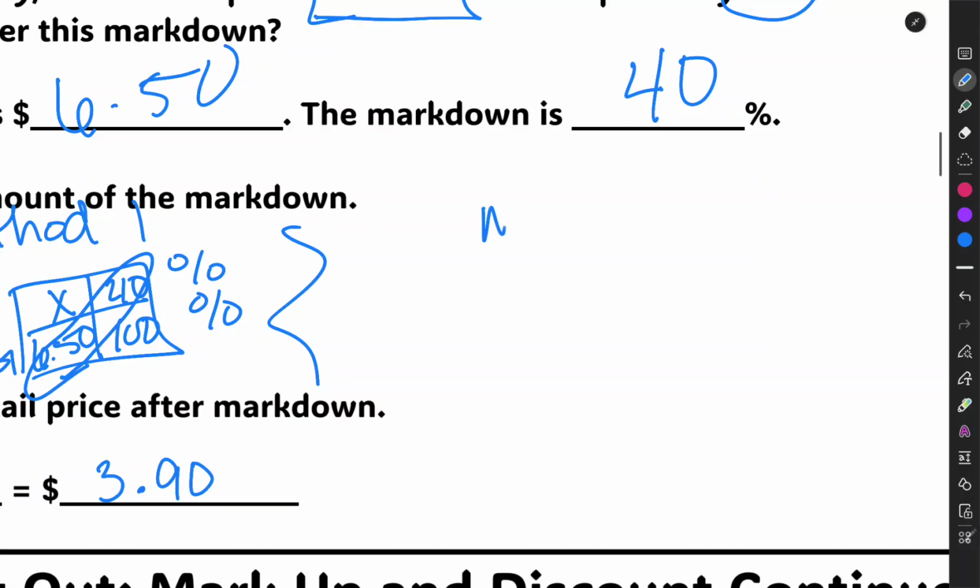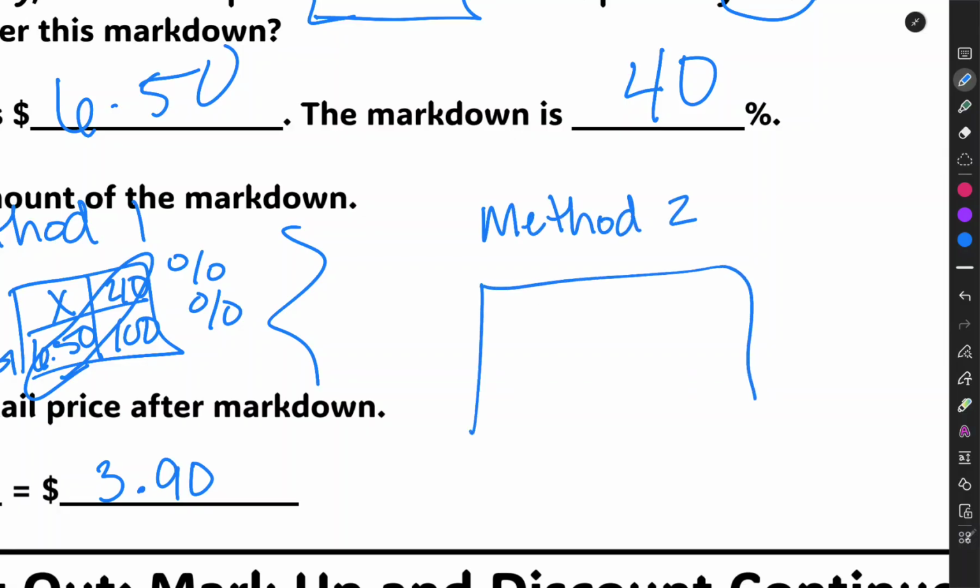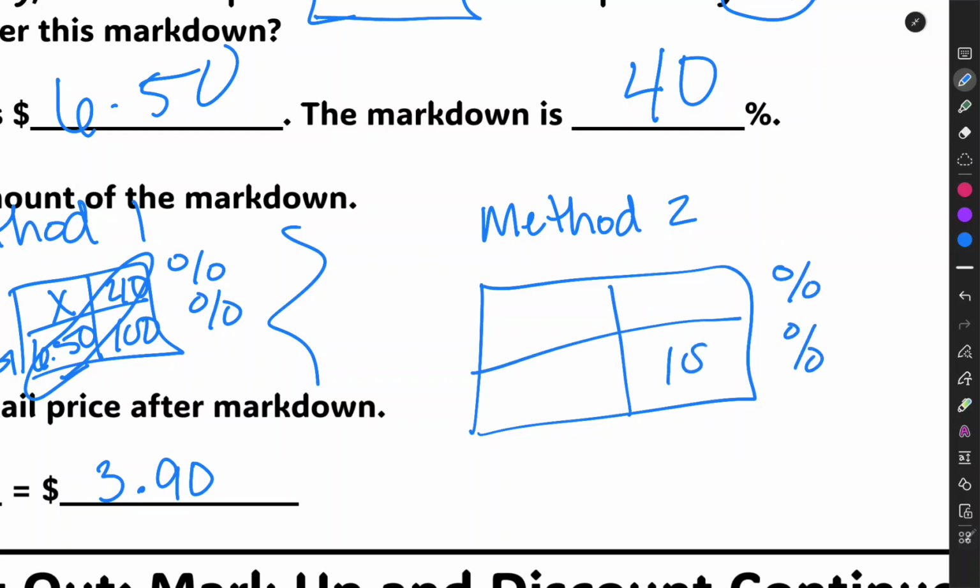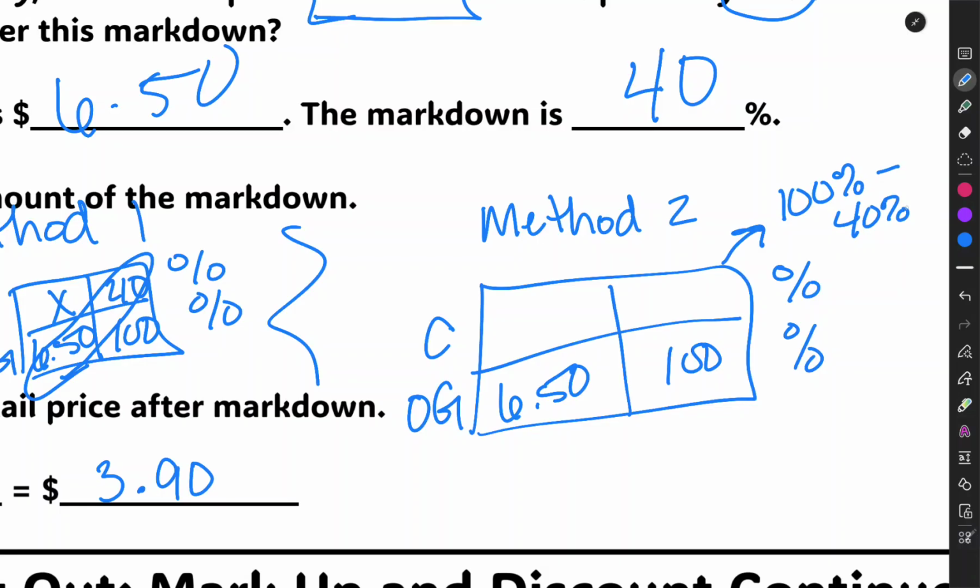Method 2 is going to give us the same answer, just a different way to get there. So I still need a percent box, change over original. My original is still $6.50. But instead of waiting to the end to take the difference off, we can actually take the difference off from the percent section. If I originally am supposed to pay 100%, but I'm taking off 40%, that means only 60% is left.